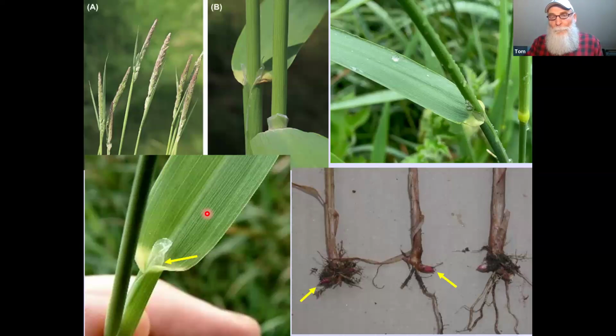But I found my data showed up to 7,500 seeds of reed canary grass per square meter per about 5 centimeter depth, which was the depth of the seed bank that I sampled. So the point there is that reed canary grass can form very high and persistent seed banks.